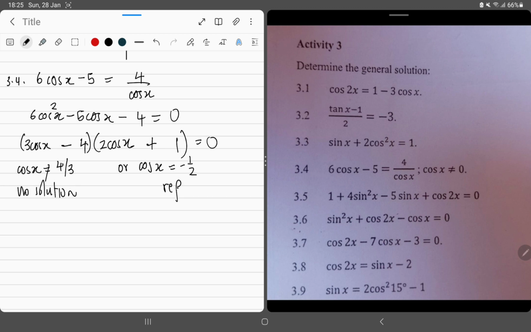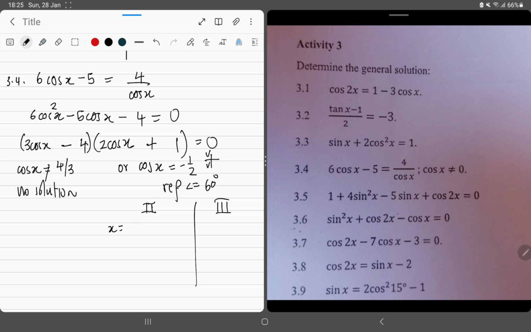And then the reference angle there is equal to a cos of a half, so that's 60 degrees. And I am working in quadrants where cos is negative. That's quadrant 2 and 3.